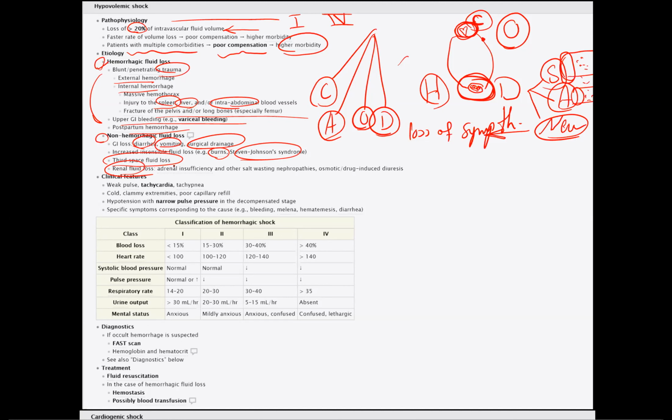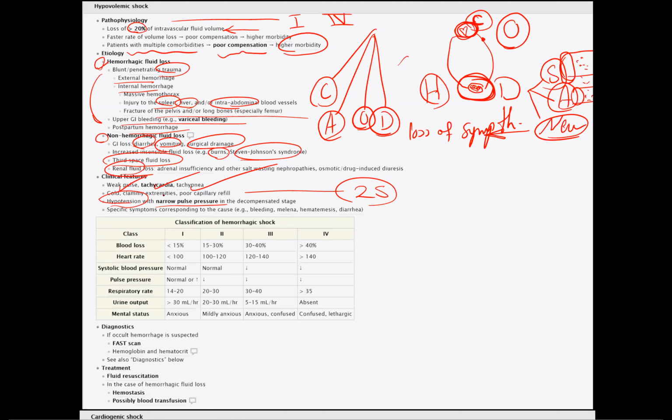We have a weak thready pulse, we have tachycardia, we have tachypnea to compensate for this loss of blood. We have cold, clammy extremities with poor capillary filling time of more than 2 seconds. We have narrow pulse pressure with hypotension if there is a decompensated stage.